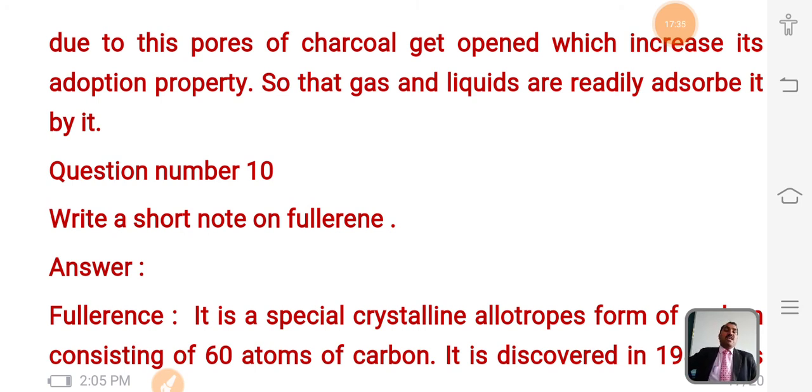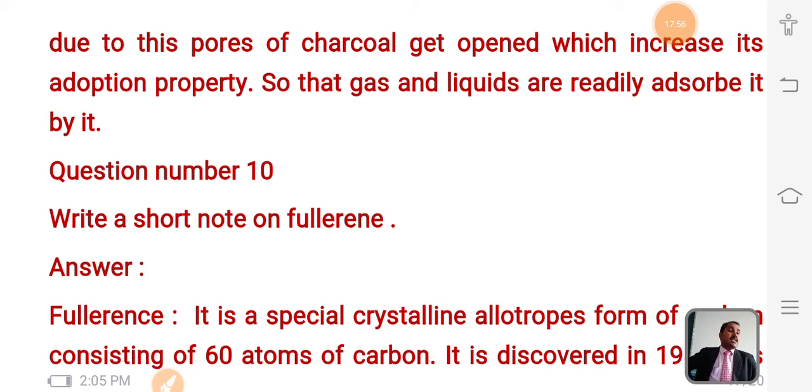Question number 10. Write short notes on fullerenes. Dear students, if you want to discuss fullerenes, you can say that fullerene is another allotropic form of carbon which contains 60 carbon atoms.